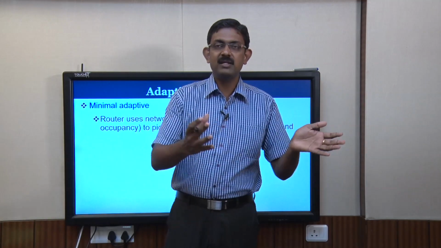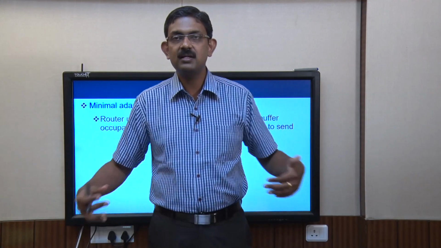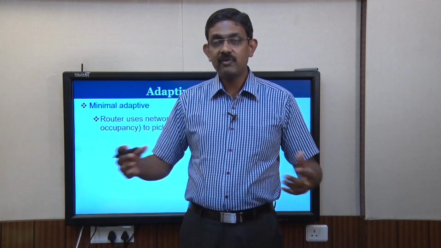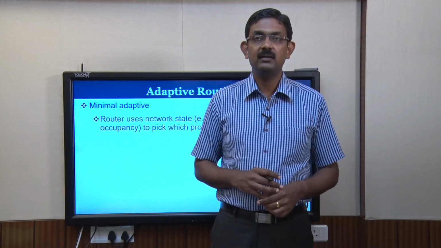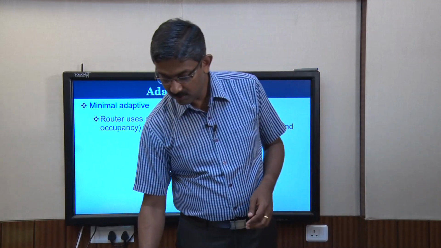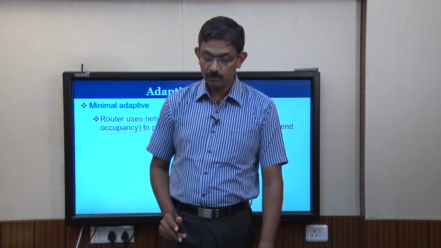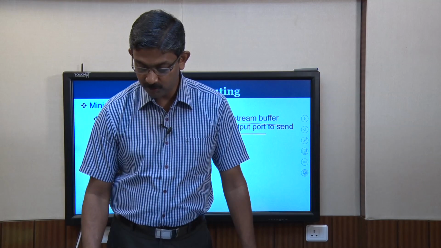Since I want to reach the destination, I consult my potential neighbors through which the packet can go and collect some feedback from them. It can be in terms of buffer occupancy, how many buffers are free. The neighbor which has more free buffers is assumed to be less congested. And we have to choose a productive output port to send.